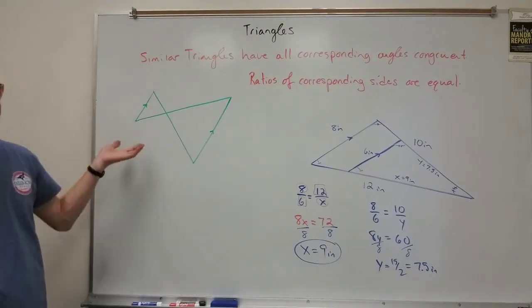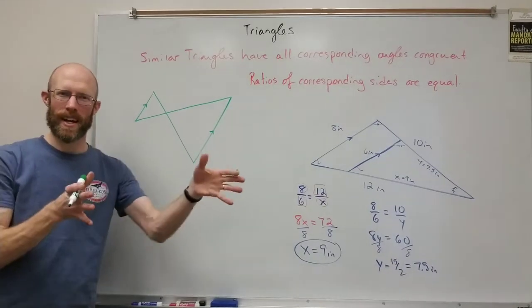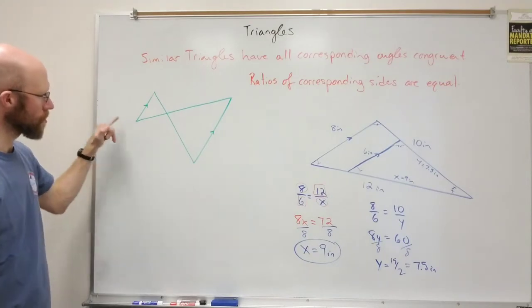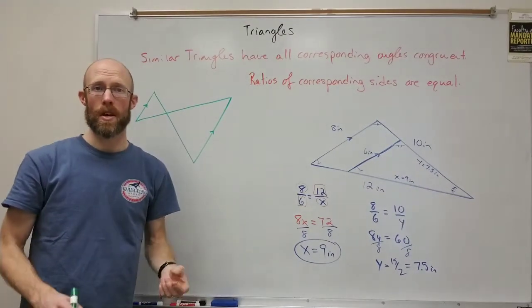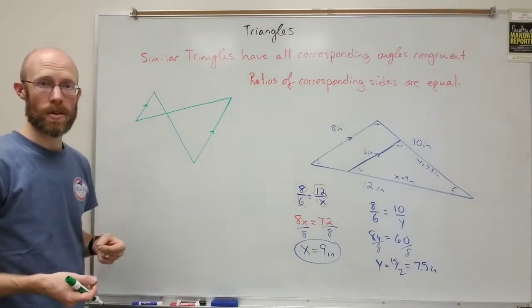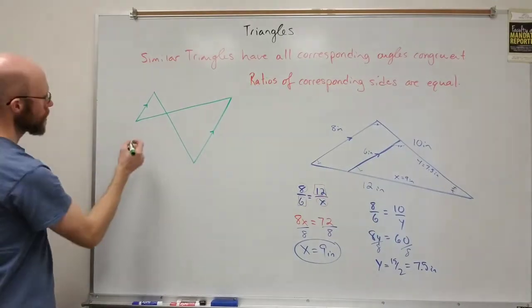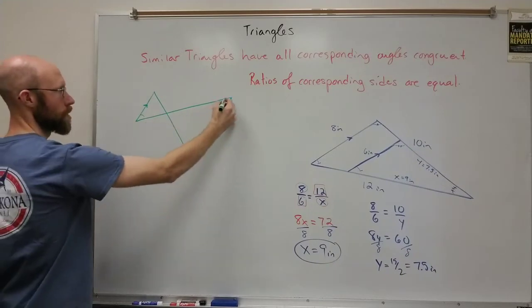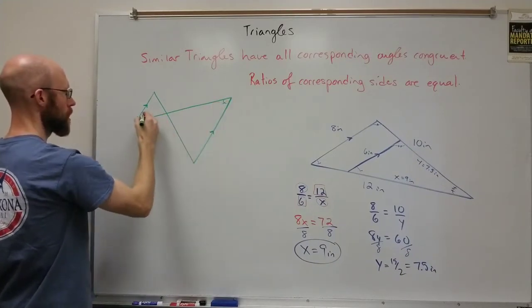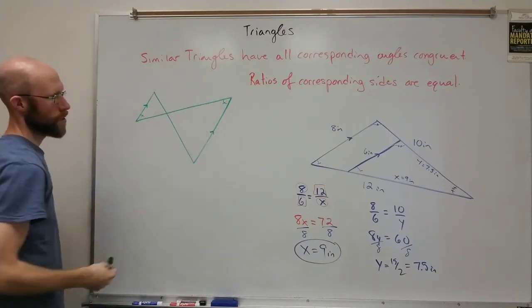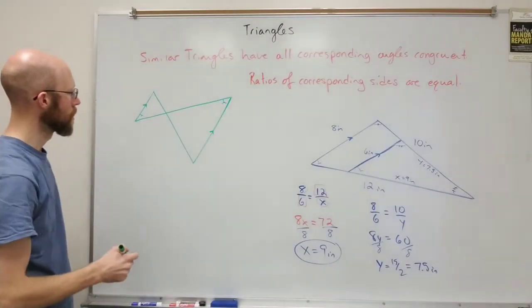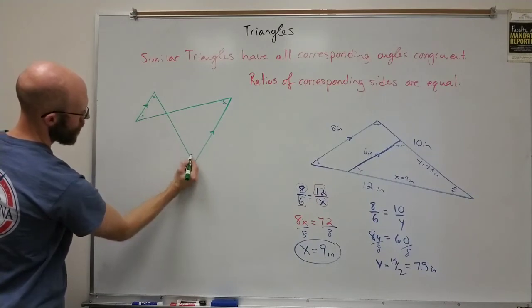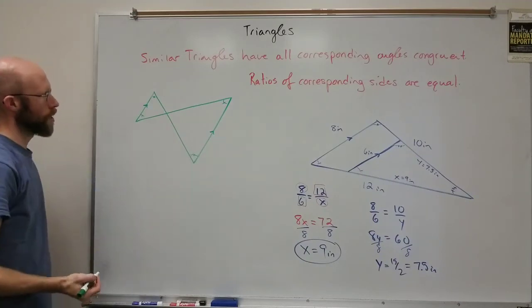And because it kind of looks like a bow tie, if you're looking at it on an angle. Because of the parallel lines, each of these other lines are transversals. And so we know that alternate interior angles are congruent, which means that the angle down here in the lower left is congruent to the one up here, the upper right, because they're alternate interior angles to that transversal. Similarly here, the upper left is congruent to the lower right.